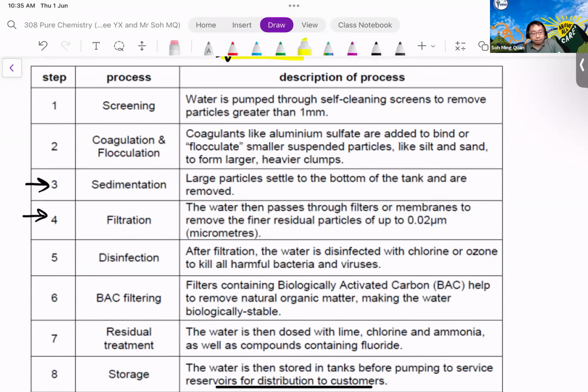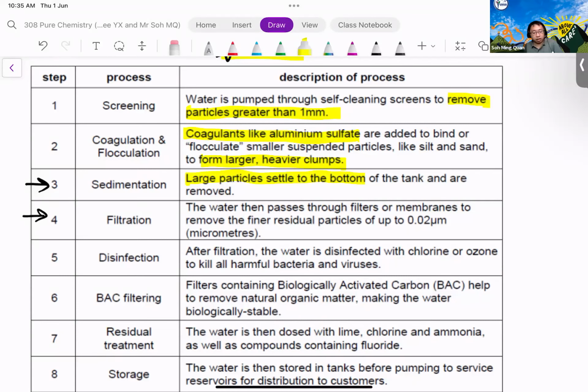You need to know numbers. 1 mm, greater than 1 mm, right? So you read, you need to know chemical names. Coagulants like aluminum sulfate is used to bind smaller suspended particles like sand to form larger, heavier clumps. Large particles settle to the bottom.